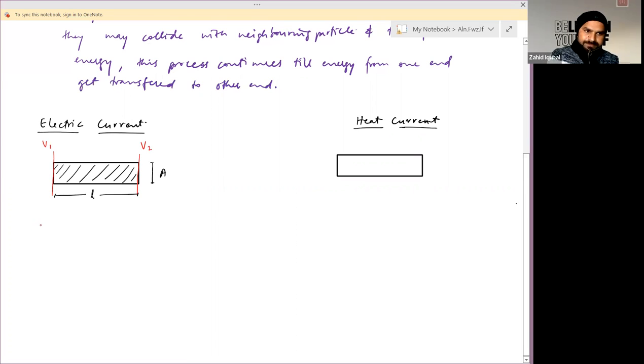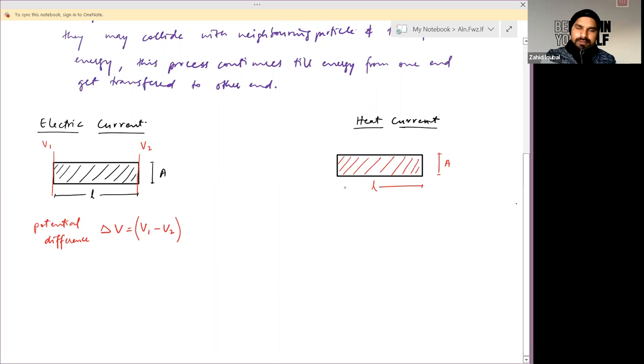So first, potential difference: delta V equals V1 minus V2. Similarly, for flow of heat from one end to the other, let's say area of cross section A and length L, we should require some temperature difference across its ends.